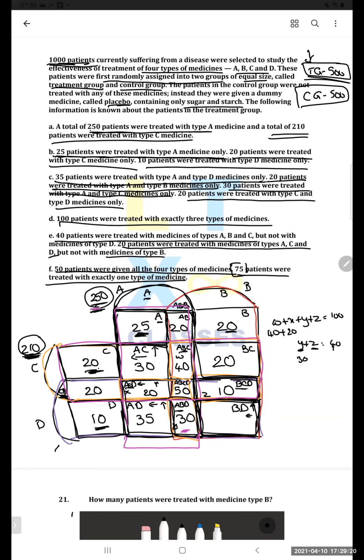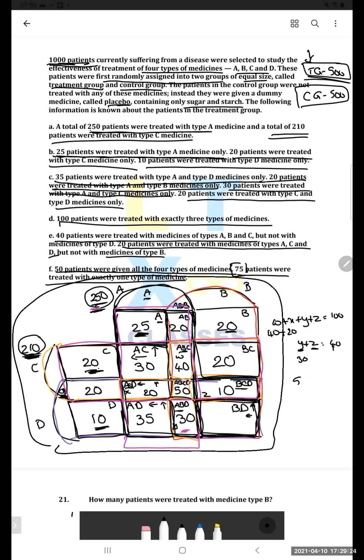The entire set of patients over here is 500. That's what was mentioned. We have the numbers already in each of the blocks. Now we are left with only one number. What would that be?